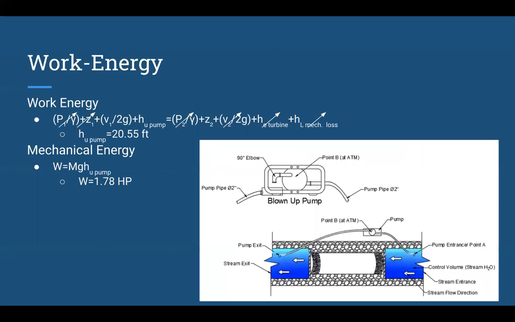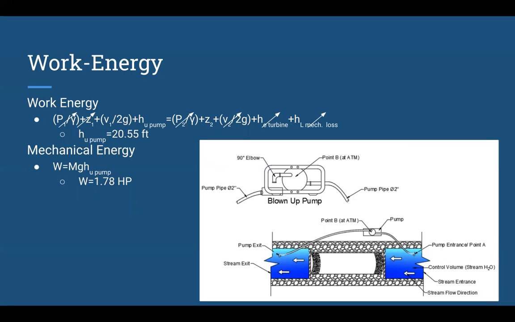All right, using this, we were able to do the work energy equation. So in this case, we are pumping from the stream to up on the bank. So that has atmospheric pressure at both ends. Negating that, Z1 is at the datum and V2 at the top as it goes up and then down is 0. We have no turbine and we are assuming no friction, which leaves just the velocity term plus the head is equal to Z2.